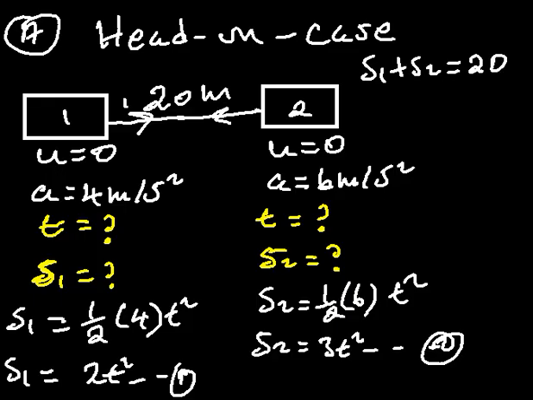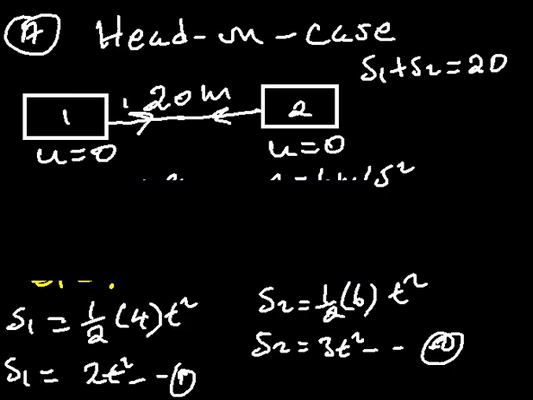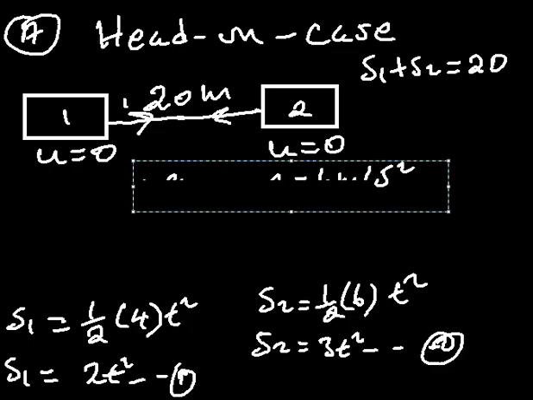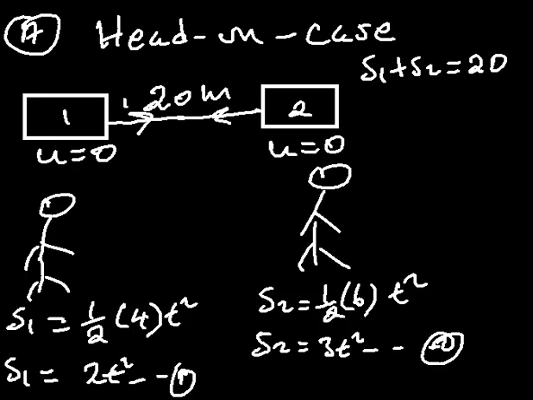And since both share 20 meters, for you to clearly understand the principle behind that, the point of interest is that you have a friend. Let's say this is your friend and this is you, and you are moving towards one another.